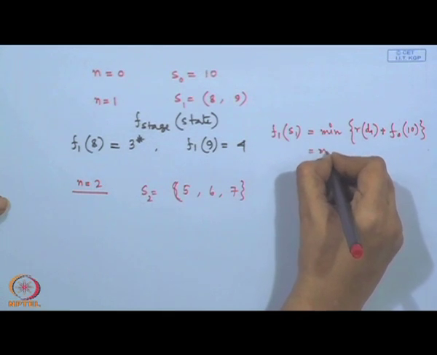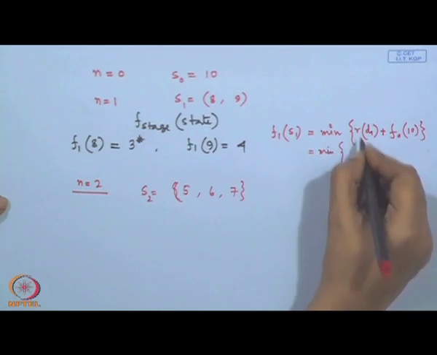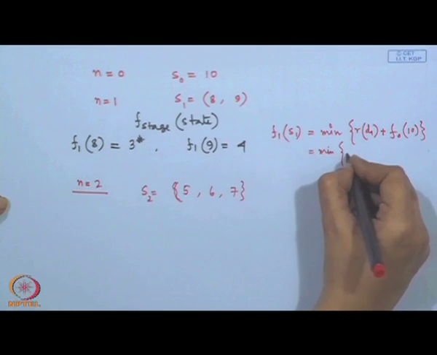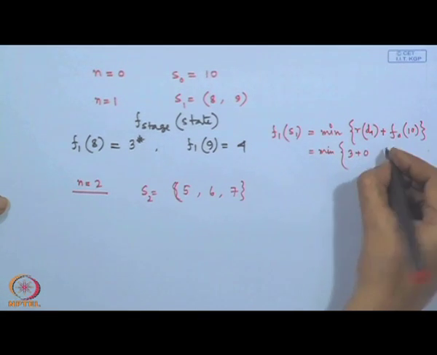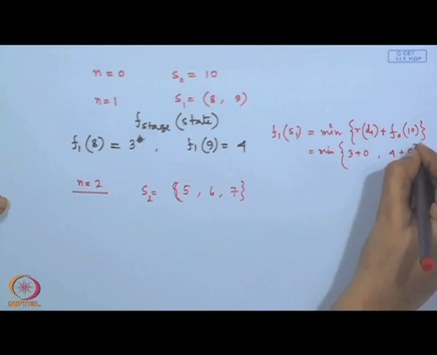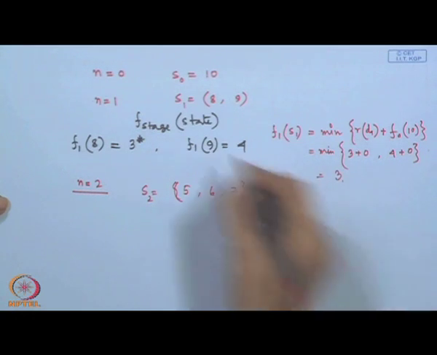If this is so, then we have two alternatives: one is RD1 is 3 plus 0, this is 0 always, and the other is 4 plus 0. That is why we have selected the 3 value here.